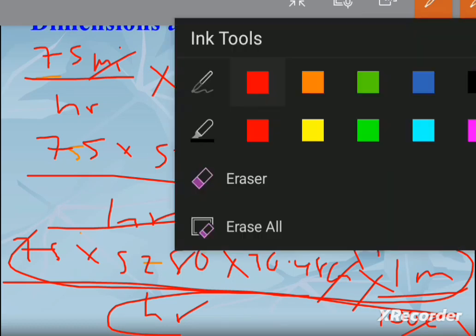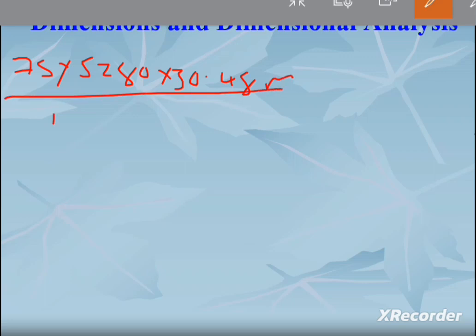Let me erase this. So you are left with 75 times 5280 times 30.48 meters over 1 hour times 100, because there's no 100 centimeters, it's just 100. The centimeter cancels centimeter.